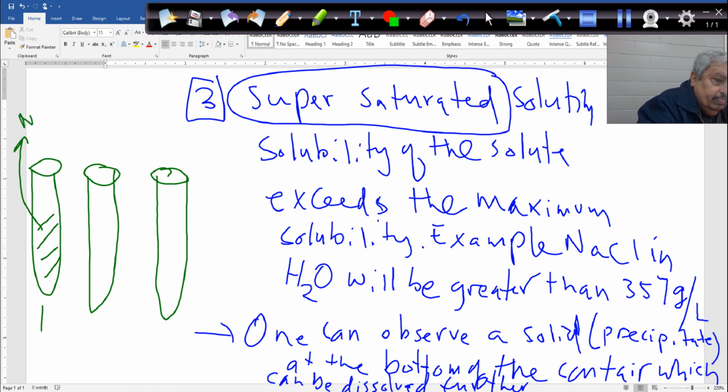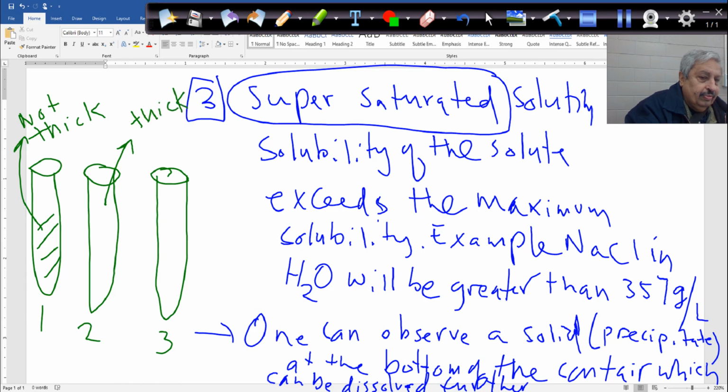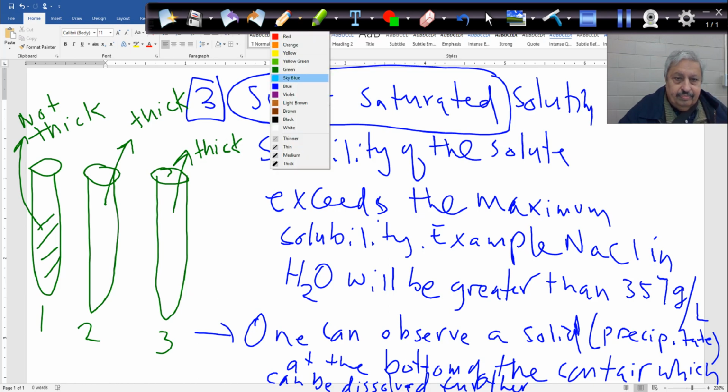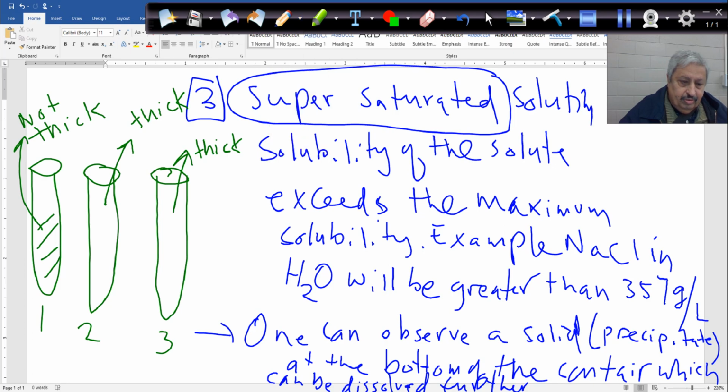Here in number 2, the solution is thick. Here the solution is thick, plus you get those particles that cannot be dissolved because you reach the saturation of your solvent.